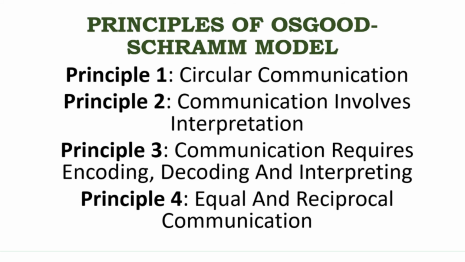The last principle of Osgood-Schramm's model is that it is equal and reciprocal communication. Why? Because both members of the communication have the capacity to encode, decode, and interpret. This model views the two members of the conversation as equal participants. This model therefore works very well to understand a face-to-face conversation or text message exchange, for example, where both members of the conversation will have a back and forth discussion.